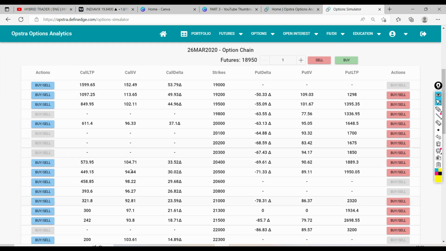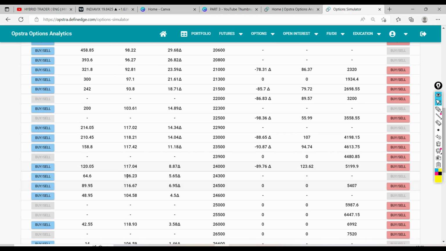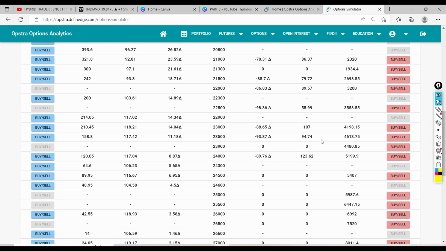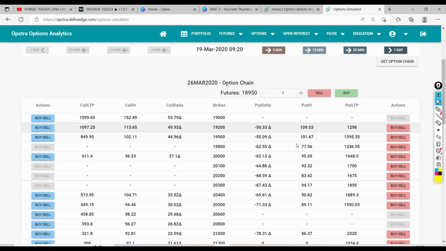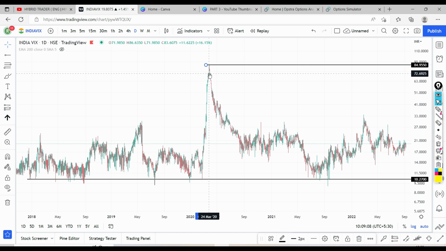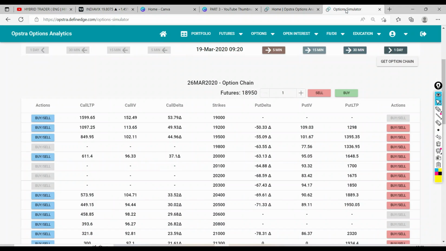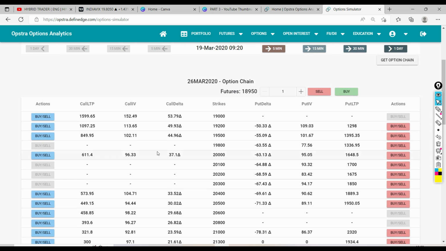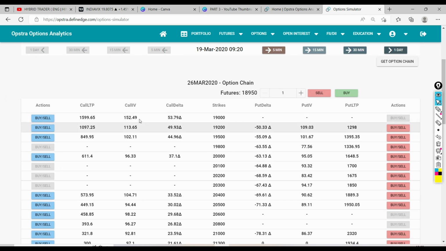Do you see that on the call side also? 104, 90, 107, all three-digit IVs, and on the put side also you see three-digit numbers. But where is your VIX standing? Your VIX is standing somewhere around 72 to 84, but your IV is at 109, 101. At one time it went to 152, 113.